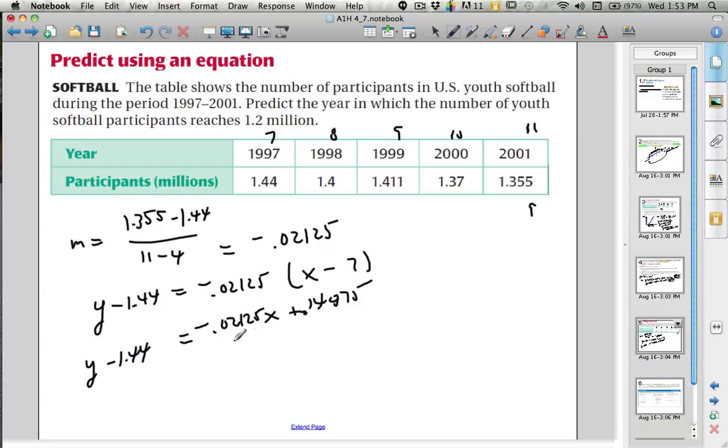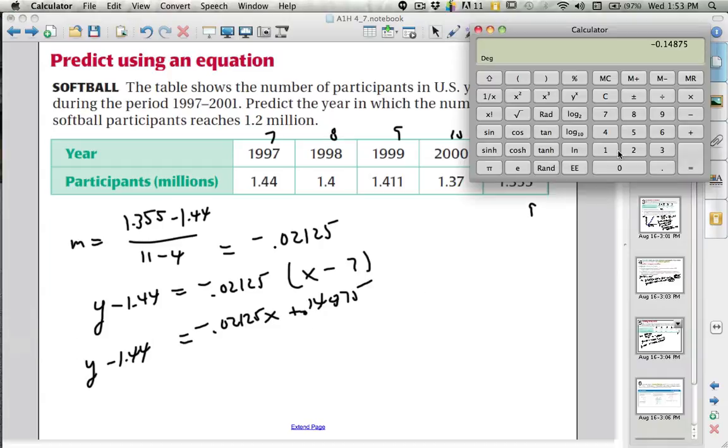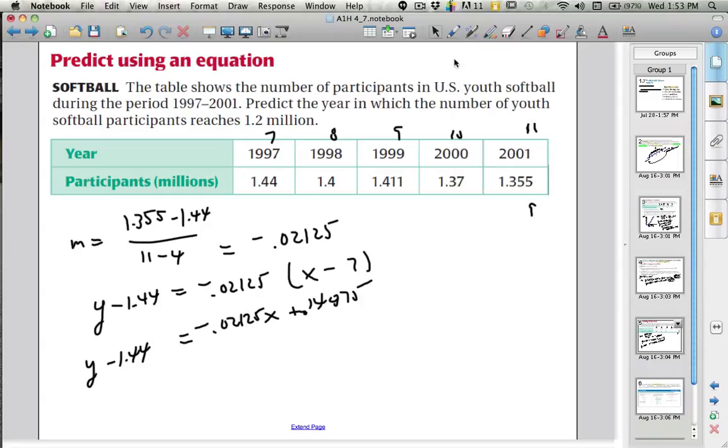y minus 1.44. If I add 1.44 to either side, I need to change this sign, and I'm going to add 1.44. So I got 1.58875.